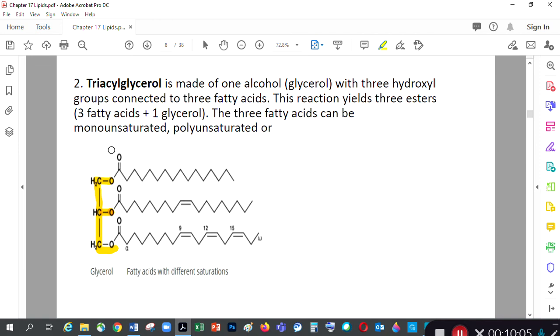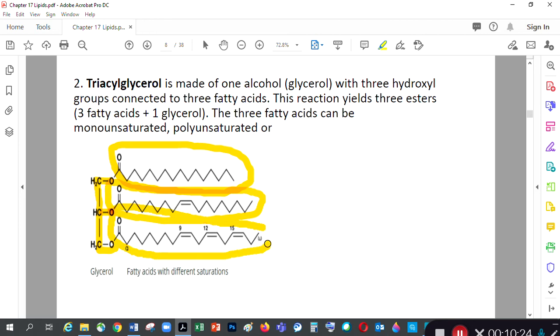And this one here is a carboxylic acid, saturated. This is unsaturated, monounsaturated fatty acid. And this is polyunsaturated fatty acid, so it has too many.